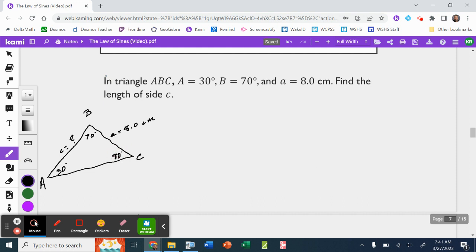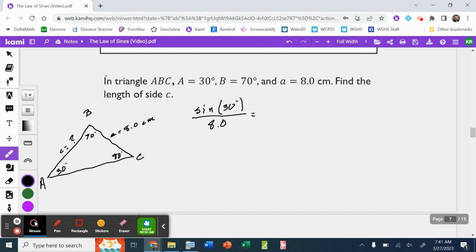And so now that I know the measure of angle C, I can go ahead and set up my two ratios as a proportion. So I'm going to have the sine of 30 degrees divided by that side length that's opposite of angle A, and in this case, that is that 8.0 centimeters.